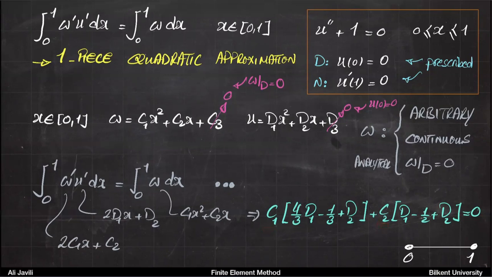So again, it looks like one equation, but because it holds for any c1 and c2, it means that this must be 0 on its own, and this must be 0 on its own. Looking at that, it gives you a system which is a two equation, two unknown system.